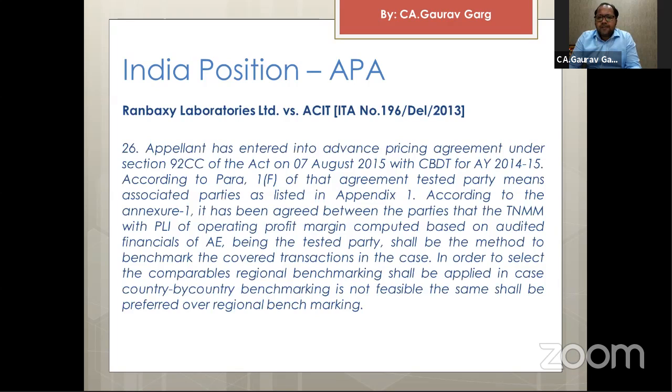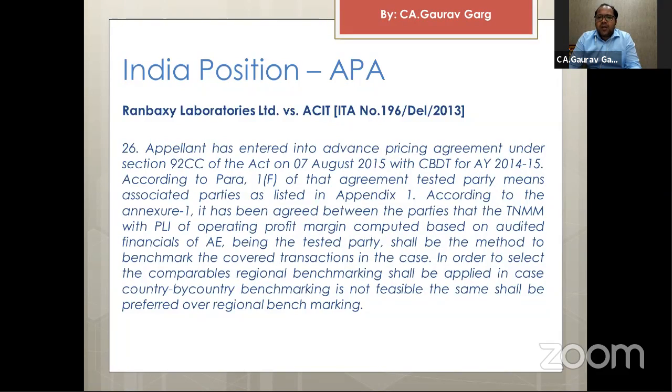This is the observation of the court in para 26, wherein the court observed that appellant has entered into advance pricing agreement under section 92CC of the Act on 7th August 2015 with the CBDT for AY 14-15. According to para 1F of that agreement, and it's important, tested party means associated parties as listed in Appendix 1.